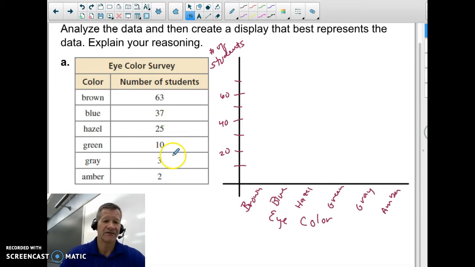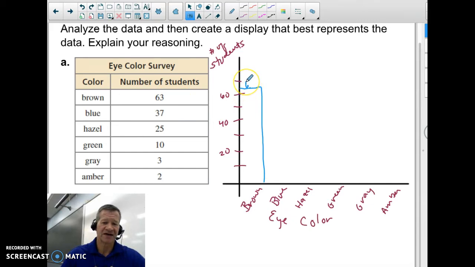So if we need to see that or in class, we can show that as well. However, so brown, there'd be 63 students. That'd be right about there in between. So 63 students who have brown. So let's take this bar graph, or if we want to connect the bars, we could call it a histogram. We can do that. That'd be 63.